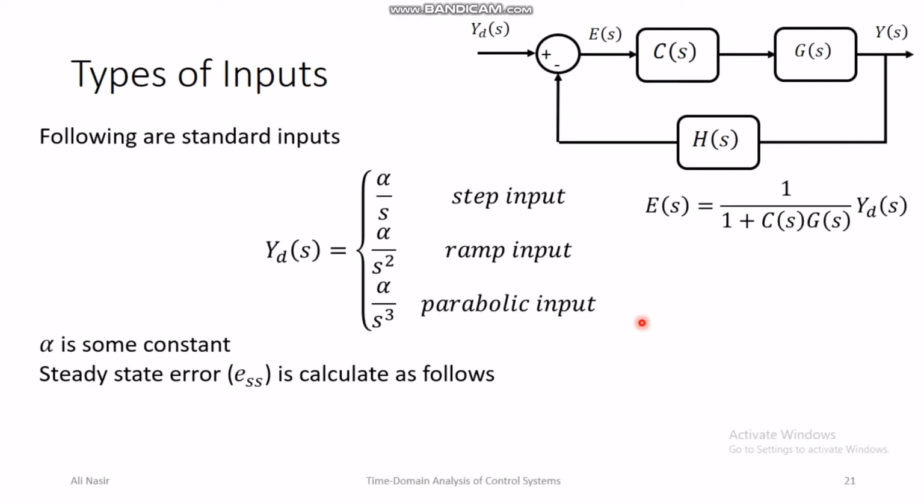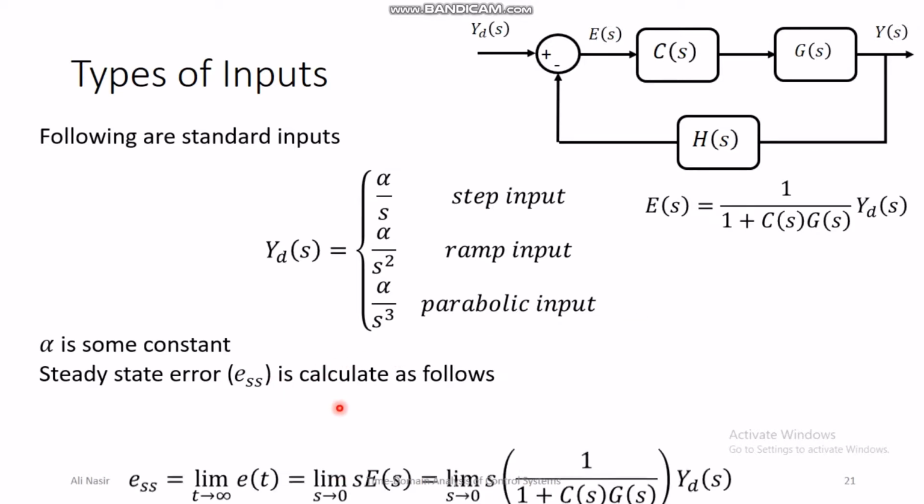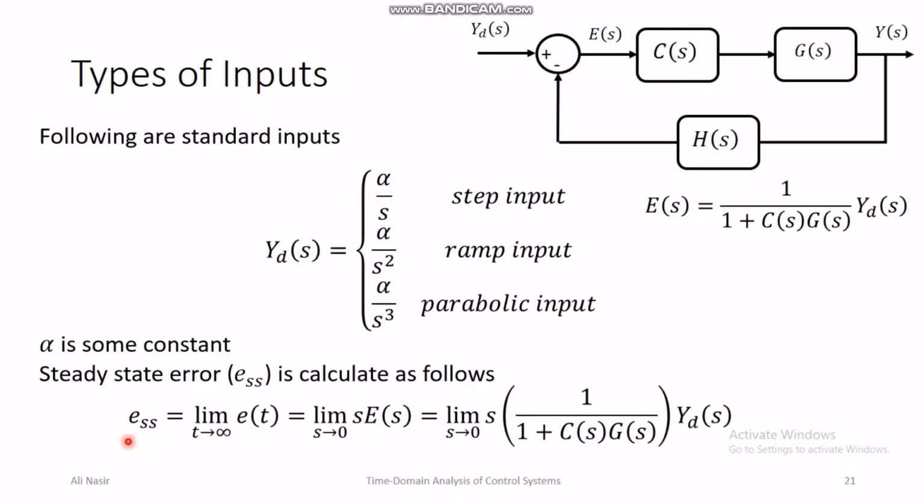Okay, so steady state error is calculated by the final value theorem, which is stated as follows. The limit as t approaches infinity of the error e of t is equal to the limit as s approaches 0 of s times E of s, where E of s is the transform of e of t.